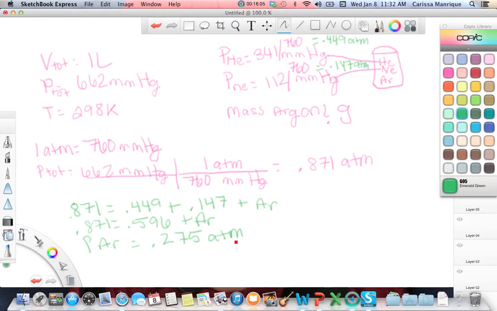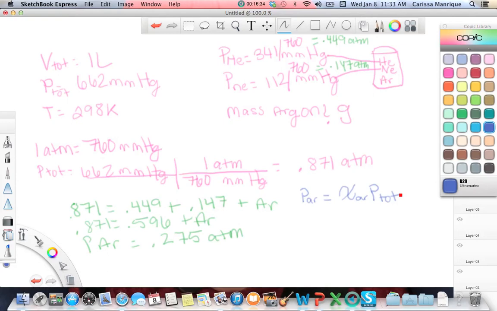Now let's go back to that one formula I gave you. Since I'm doing a different problem, pressure of the individual, so the pressure of argon, equals the mole fraction of argon times pressure total.